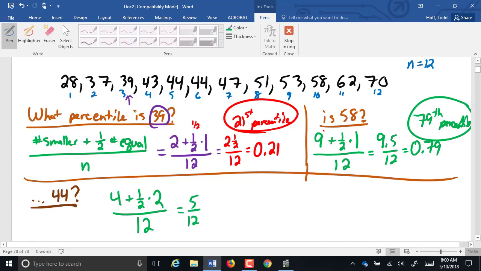So that's 5/12, which is going to give us 0.416, rounded to 0.42. That is the 42nd percentile. Not so bad. Better than a sharp stick in the eye.